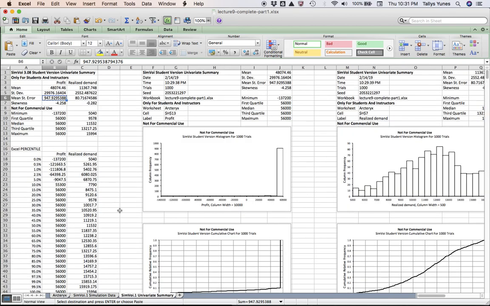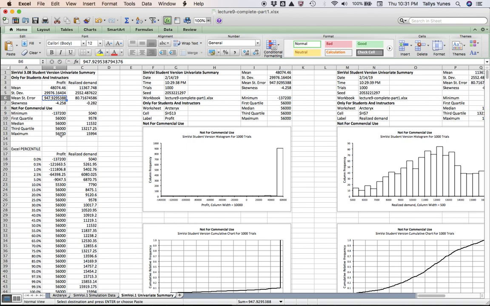If I go on here, the standard deviation of the outputs, right? Now notice, this histogram here is the histogram of the outputs. There's a lot of probability in this particular value here, but there's a little bit of probability in some of the other values, all the way to a big loss of $137,000. So that loss is possible, all right? And the maximum profit you make is $56,000.